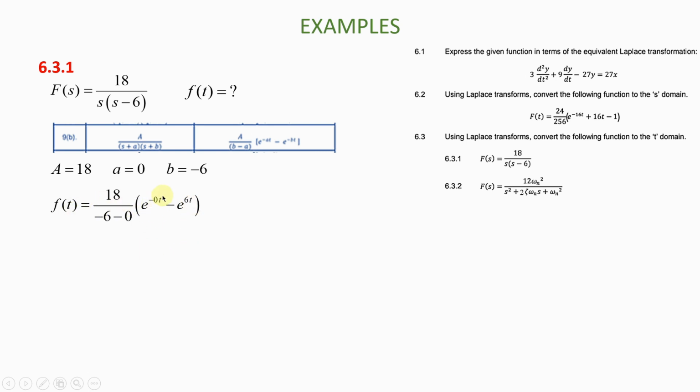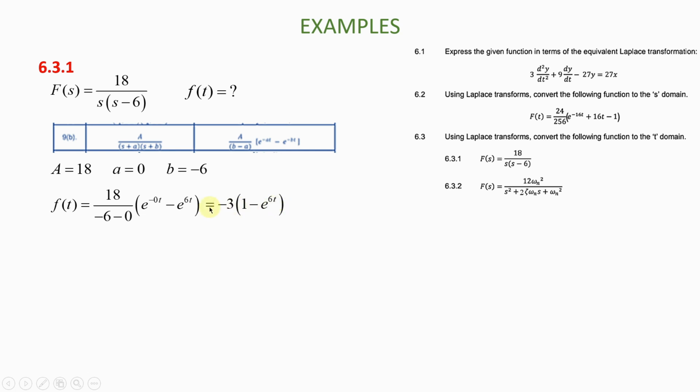And so e to the power of 0 is 1, okay? And so 18 divided by minus 6 is minus 3, and so we can simplify it further. And so you will get minus 3 multiplied by 1, e to the power of 0 is 1, minus e to the power of 6t, and you close the bracket.